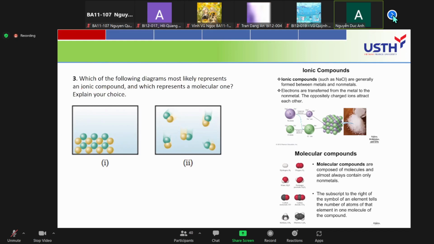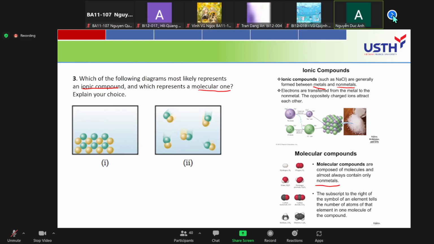The next exercise is related to ionic compounds and molecular compounds. So I write it here. Let's understand that ionic compounds normally form between metals and non-metals, and molecular compounds normally form between non-metals.